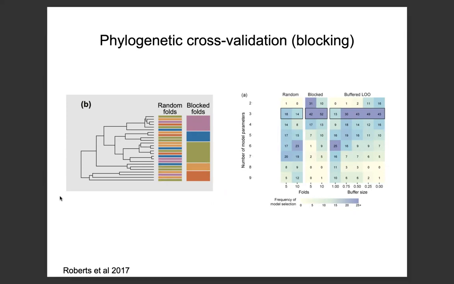This diagram here illustrates the frequency of model selection. The darker the blue, the more frequently the model is selected as the most accurate. The vertical axis is the number of parameters. So up are 2 parameters and downwards are 10 parameters. So the lower, the more complex the model.